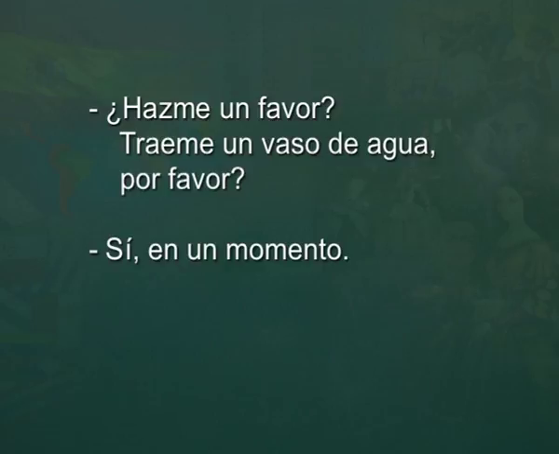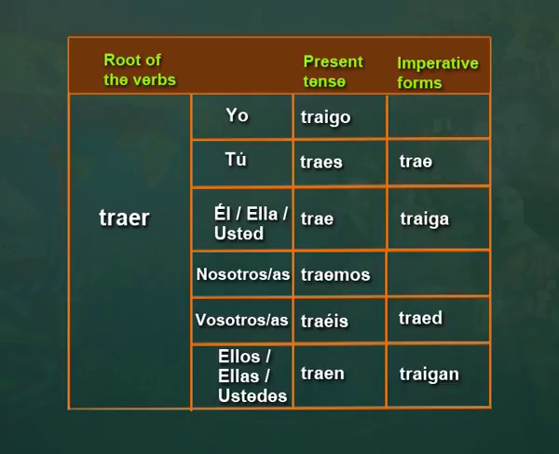The verb traer is also a verb which is differently conjugated in the first person singular like decir, hacer, salir, etc. Yo in the present tense is traigo. The rest of the verb is conjugated like any other er ending verb.